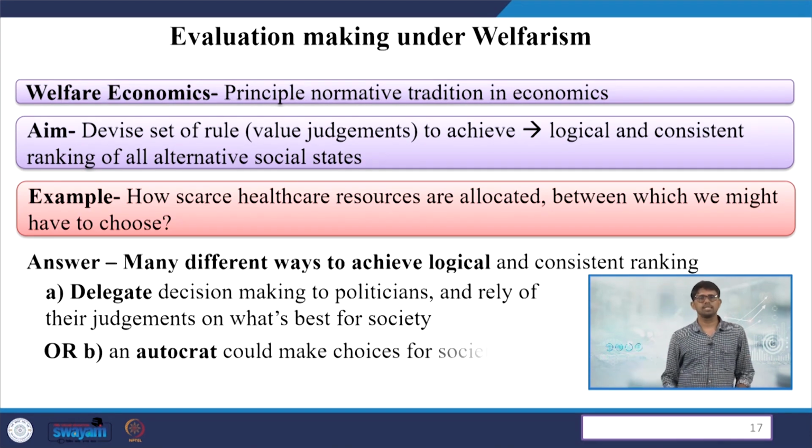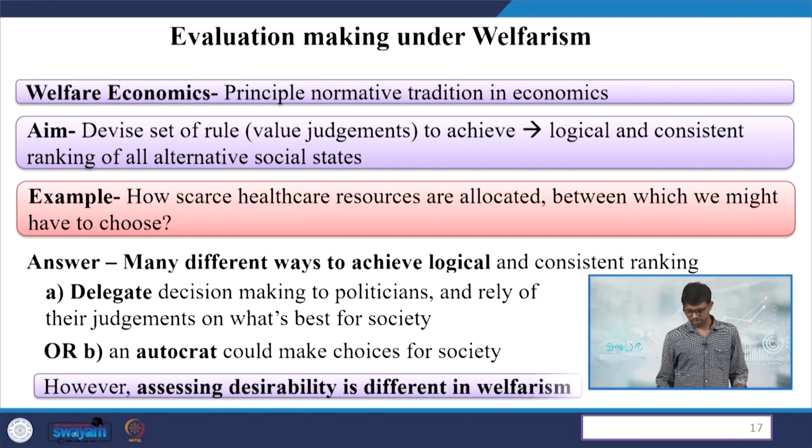The answer in this case is that there are many different ways to achieve this allocation, maybe through delegating decision making to politicians and relying on their judgments on what is the best societal need, or an autocrat. Okay, and a democratic format might make it further confused. Hence, in these two directions, there is a possibility of a clear choice. However, assessing desirability is different in the welfarism context.